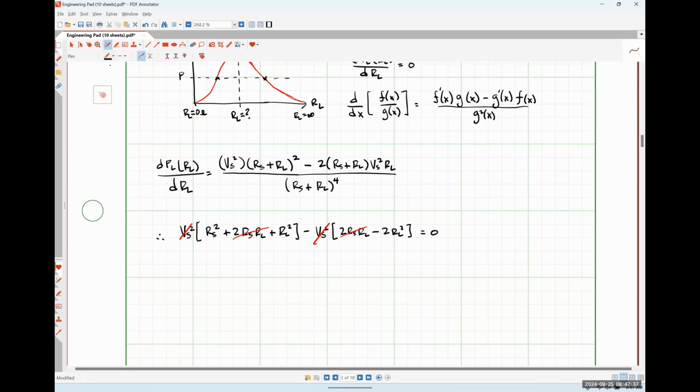So what I wind up getting is RS squared minus RL squared is equal to 0, which means that in order for maximum power transfer to occur, RL must be equal to RS. So maximum power transfer only occurs when our load is exactly equal to the internal source resistance.